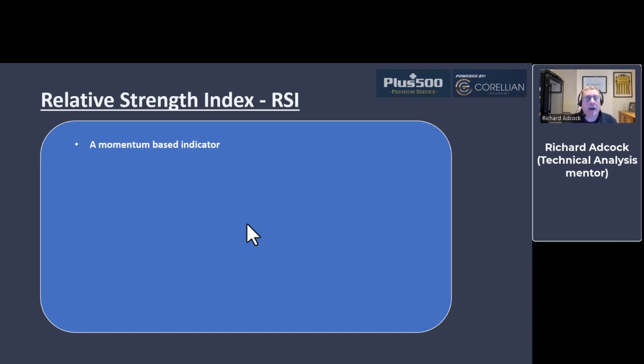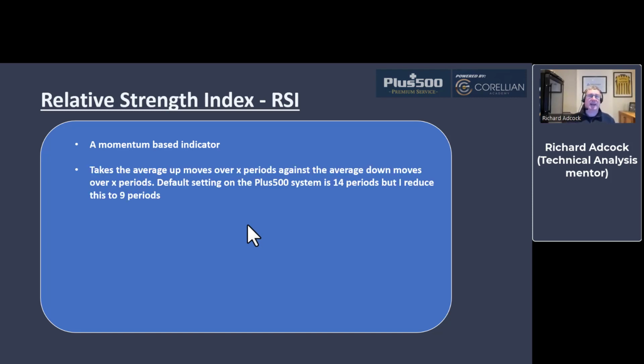And the RSI, the way it's calculated, I won't go into the exact formula, but basically it takes the average extent of the up moves over X periods, against the average of the down movements over that same X period.